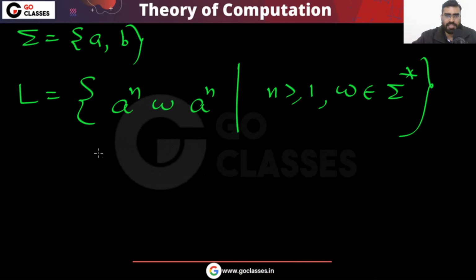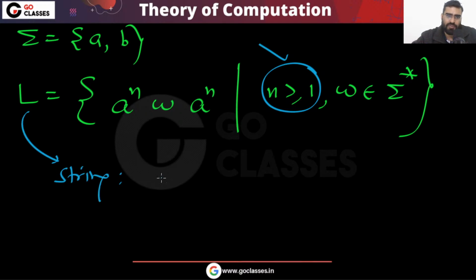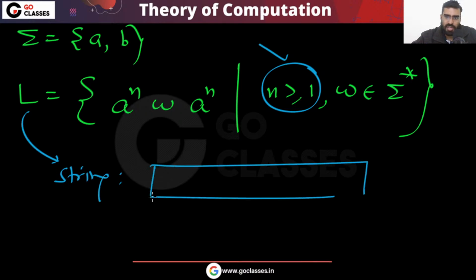Okay, now let's see. You can easily see that first of all, n is greater than or equal to 1. Now you can easily see that every string will start with a, because n is greater than or equal to 1. You can definitely say that whatever string belongs to this language definitely starts with a and ends with a, because n is greater than or equal to 1.